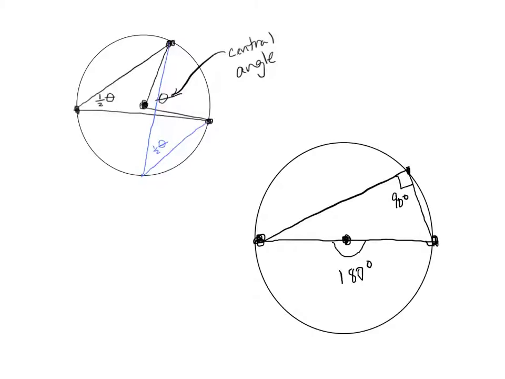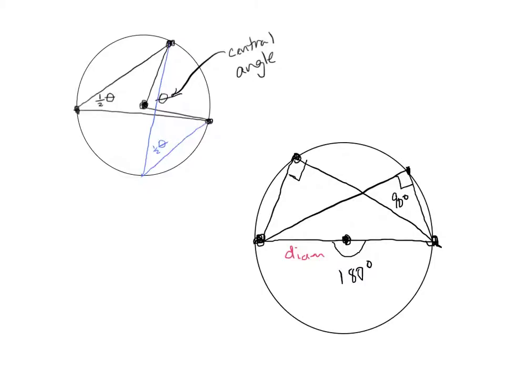So it's important that this is a diameter. And once you've got that, then anything you can draw is going to be a right triangle.